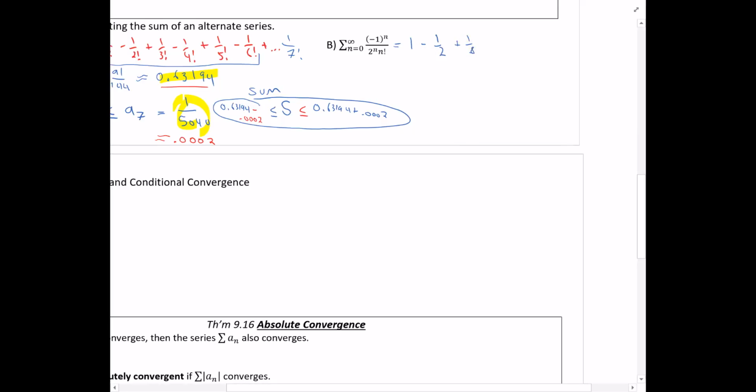And for this one, it doesn't specify here, but let's say it says use the first 4 terms. We'll just make our life a little bit easier to create an approximation, right? So we just need one more. If we plug in 3, we're going to get a negative 1 divided by 8 times 3 times 2, 8 times 6, which is negative 1 over 48, right?